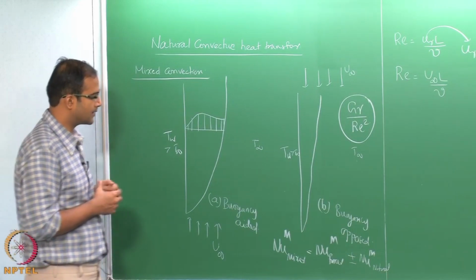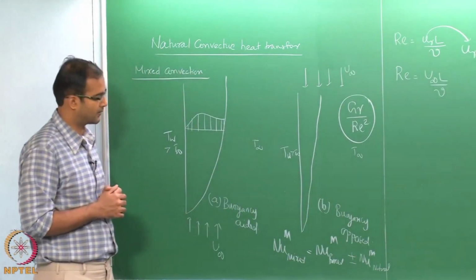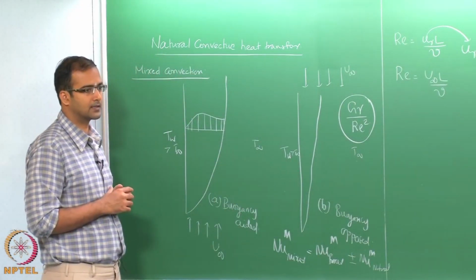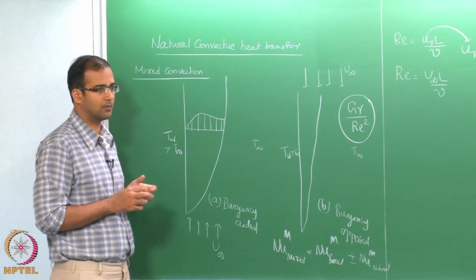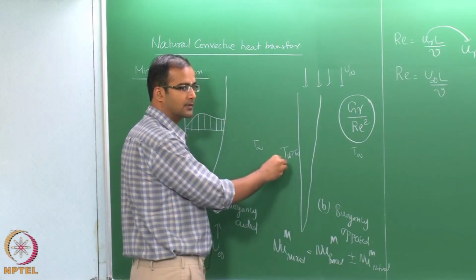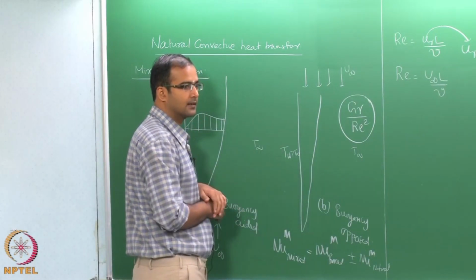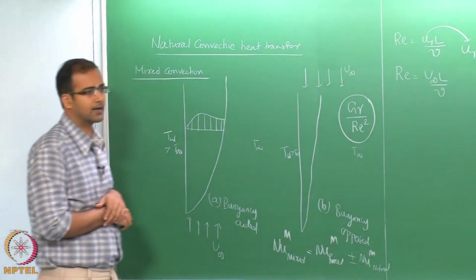Okay. So, these are two different scenarios in mixed convection. One is a buoyancy aided convection, the other is a buoyancy opposed convection, where the buoyancy in this case is trying to act upward because the wall temperature is greater than the free stream temperature. However, the bulk motion is acting downward.